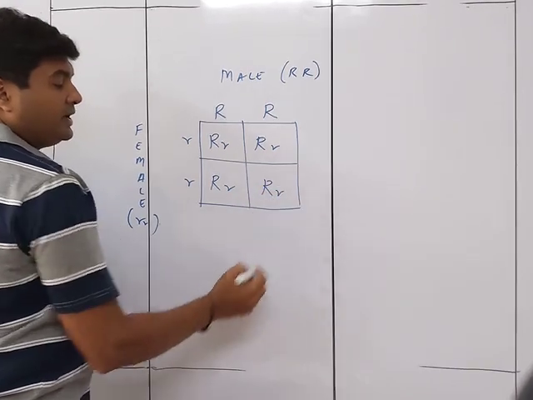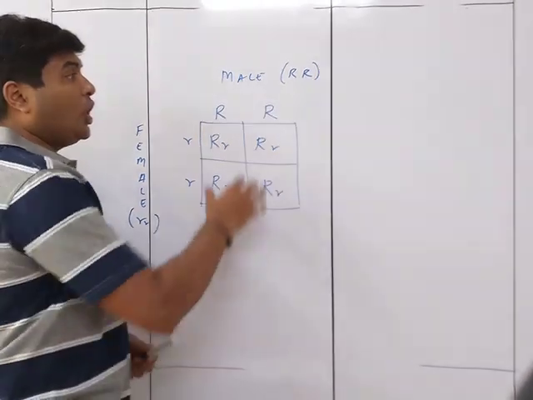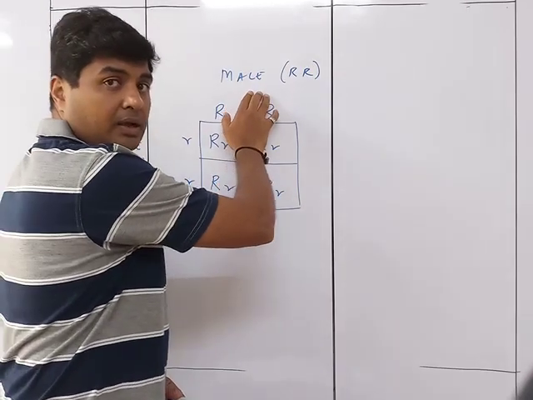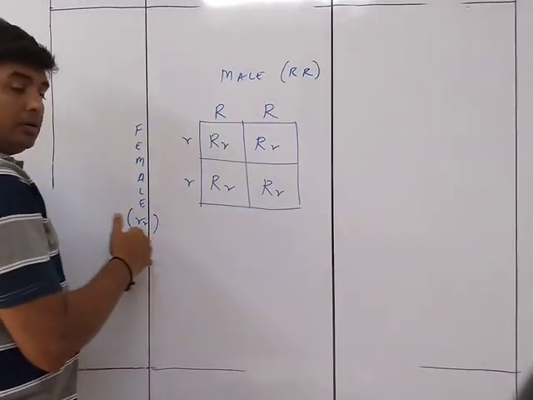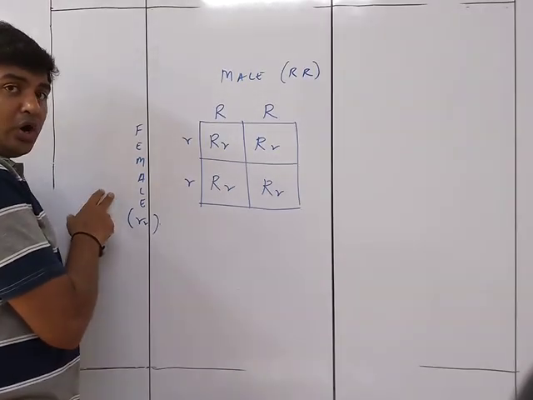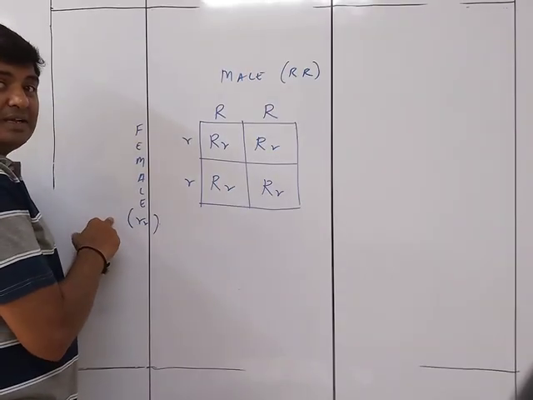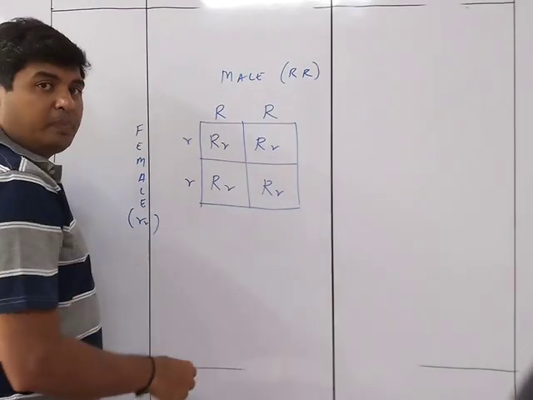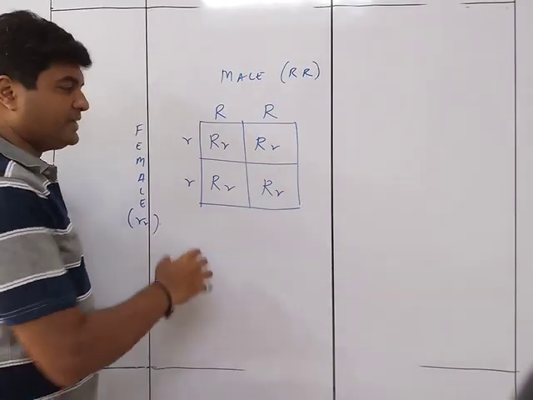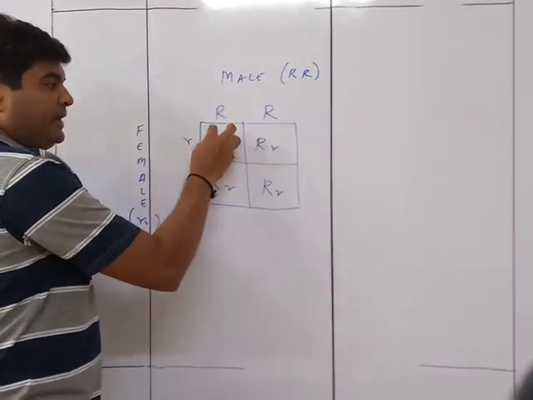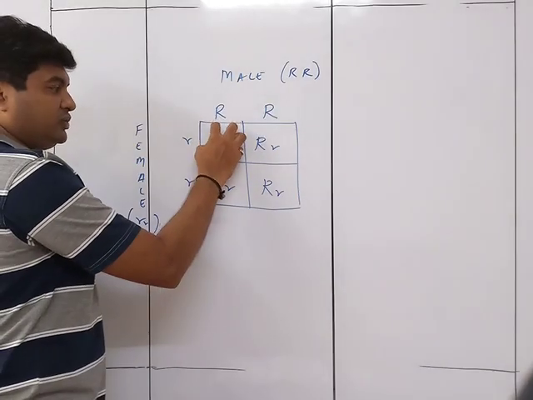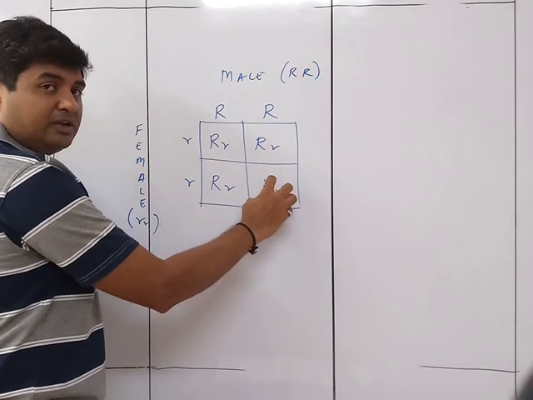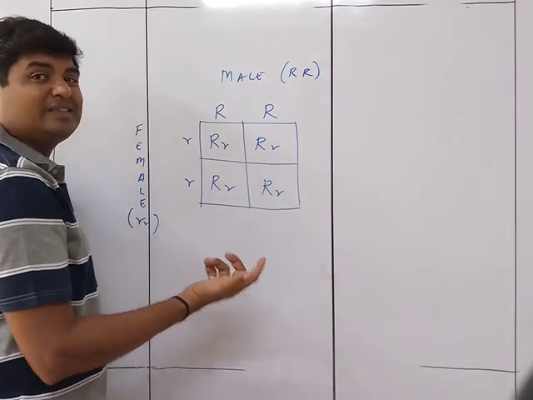So you can see that if a pure homozygous dominant male is fused with a pure homozygous recessive female, then all the babies which could be born, we are not saying that 4 kids will be born, it could be a 25% chance of this being born, 25% of this, 25% of this, and 25% of this. Now you can see all of them are the same.